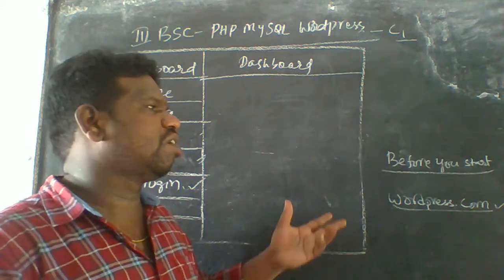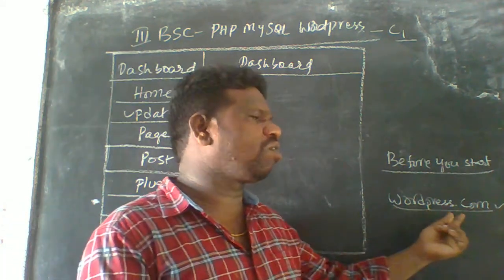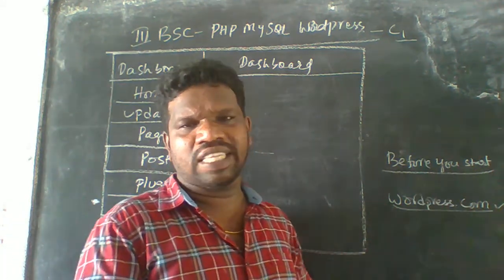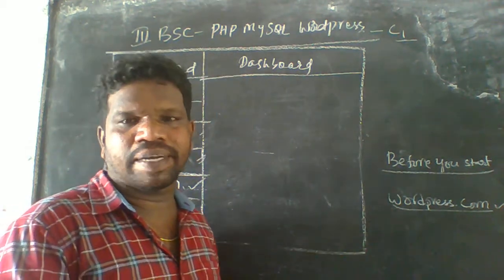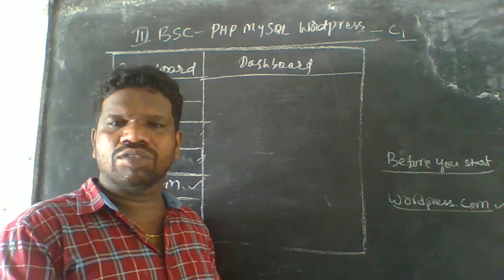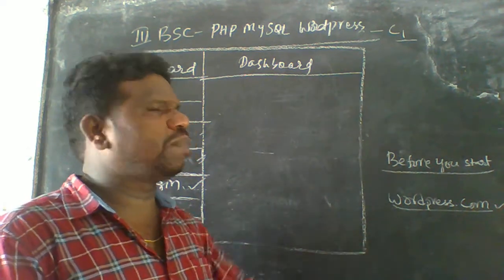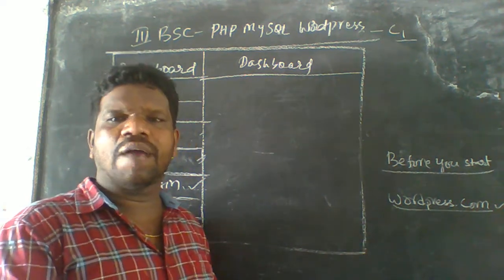While you're using WordPress.com, there is no need to install any extra plugins because it already contains some predefined plugins. So that's why it cannot display the menu bars here.